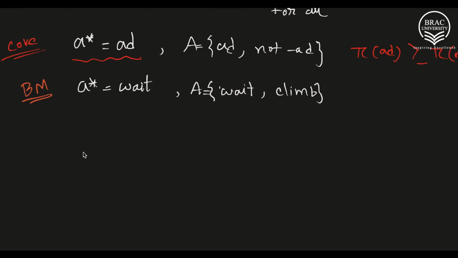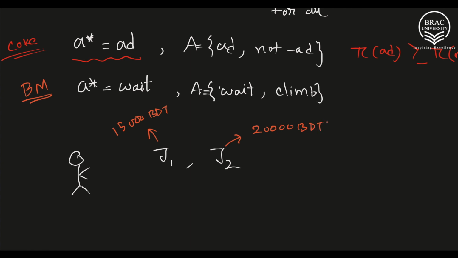Now let's look into another example. Say you are given two job offers, J1 and J2, and let's assume that J1 offers 15,000 BDT per month and J2 offers say 20,000 taka per month as a salary.